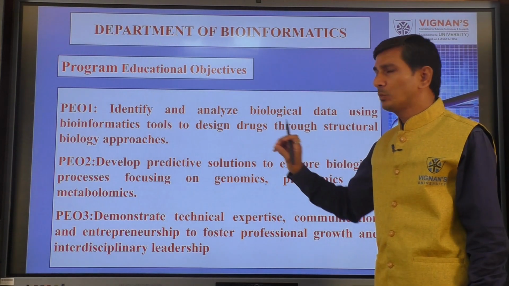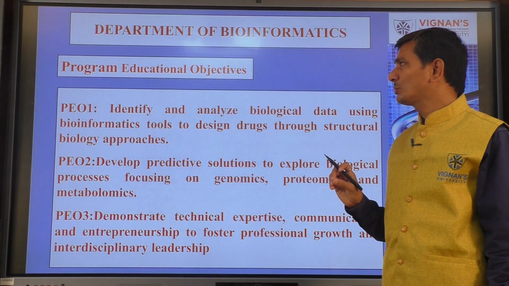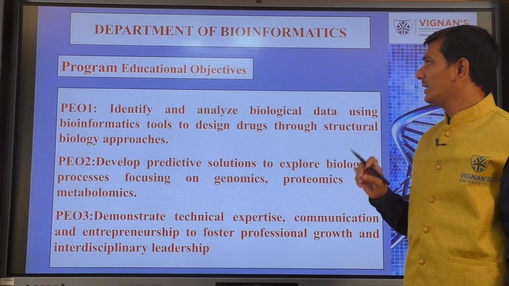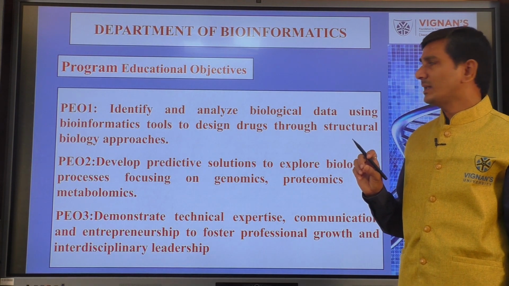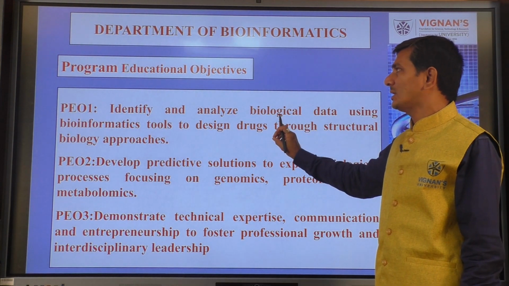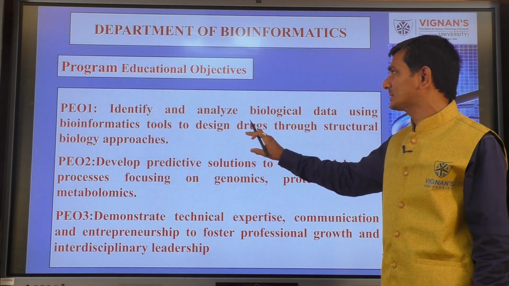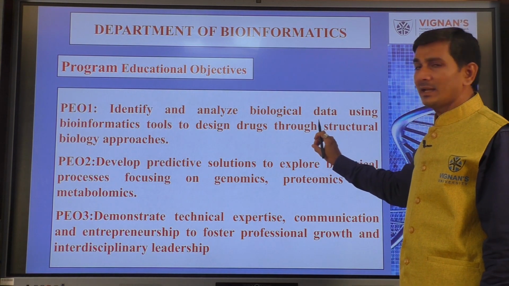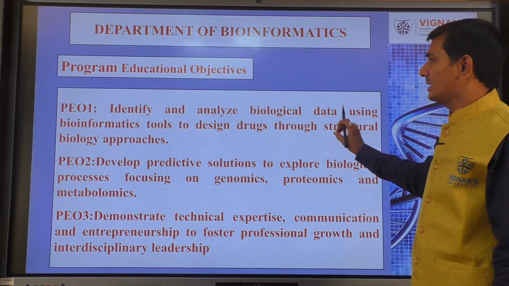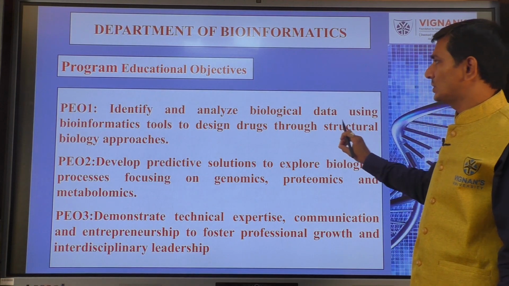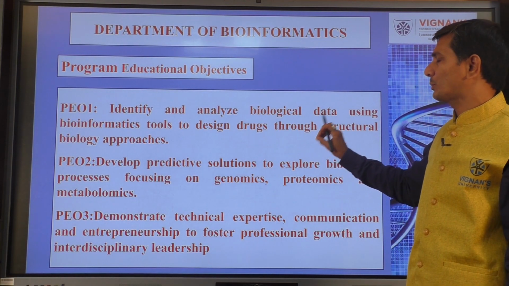Coming to Bloom's taxonomy, there are 6 levels: remembering, understanding, applying, analyzing, evaluating and creating. Here PEO 1 mainly focuses on identifying and analyzing the biological data in biological databases, with the help of informatics tools, mainly to design drugs through structural biology approaches.